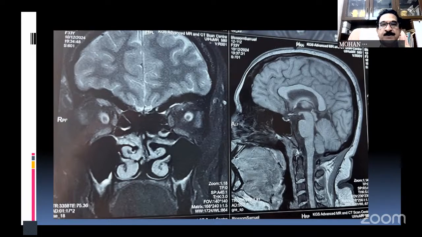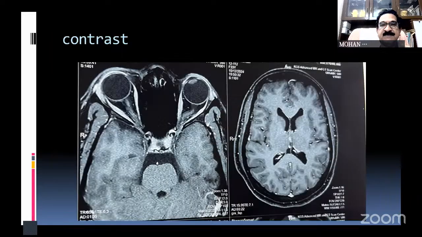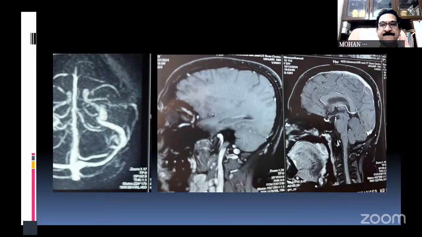Some prominent perioptic space is there, otherwise normal. Contrast was also done by the referring doctor, that's also normal. Venogram was done, that's also normal.